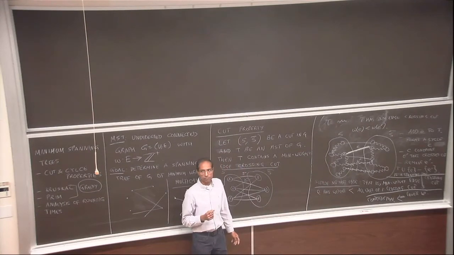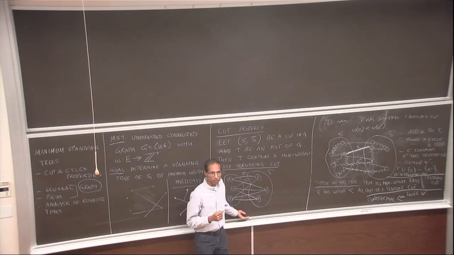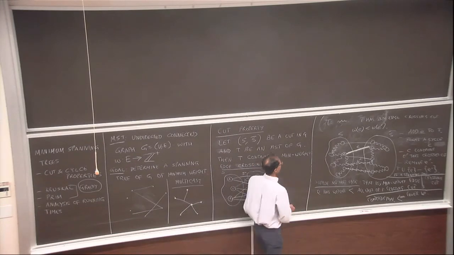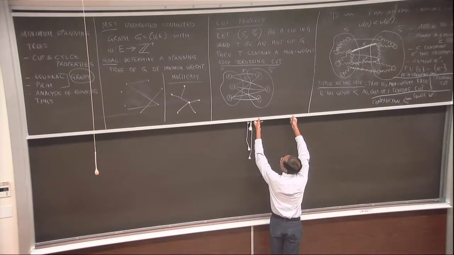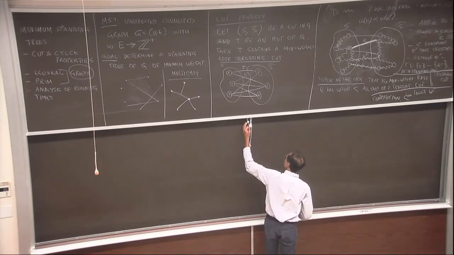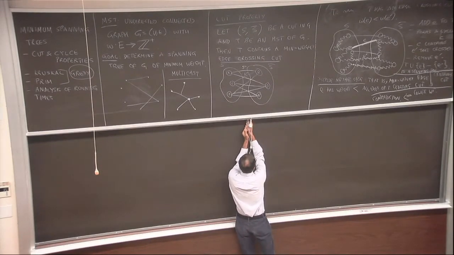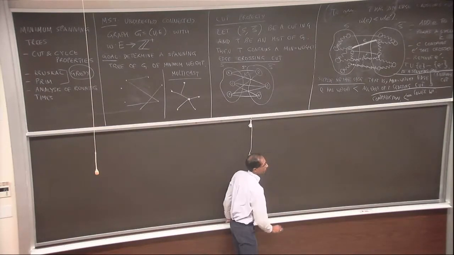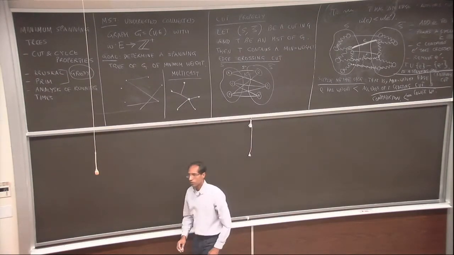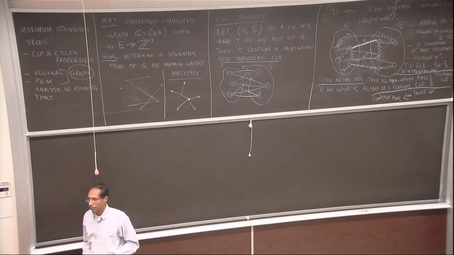Any other questions? Okay, so we're going to do one more similar property, and that's the cycle property. So the cut property tells you what your minimum spanning tree should have.